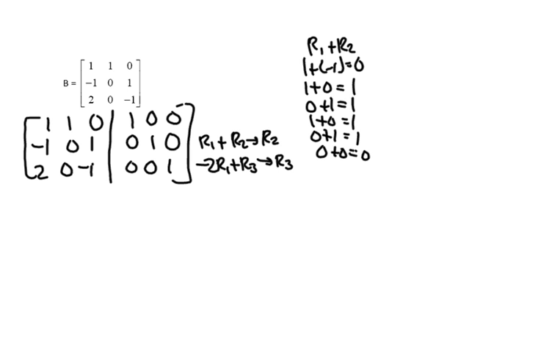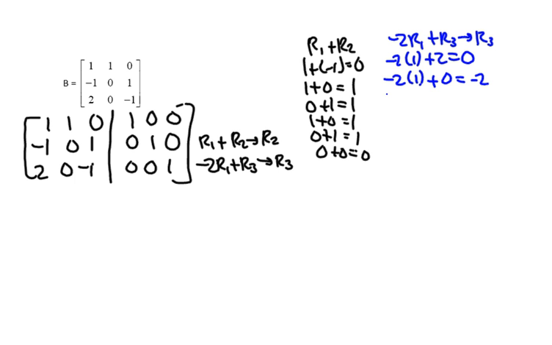Okay. Now, let's do -2R1 plus R3 is our new row 3. Okay. So -2 times 1 plus 2. -2 times 1 plus 0. -2 times 0 plus a -1. -2 times 1 plus 0. -2 times 0 plus 0.